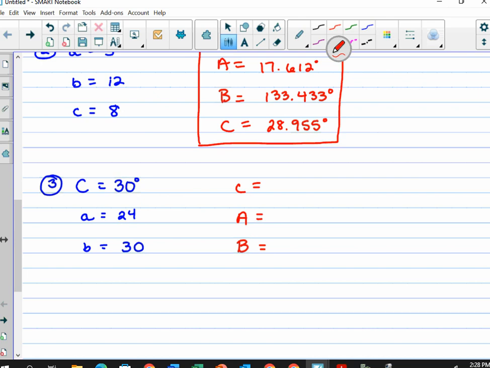I got a negative. For which one? Side C. Why am I getting that times 30 instead of cosine? I did the cosine earlier.